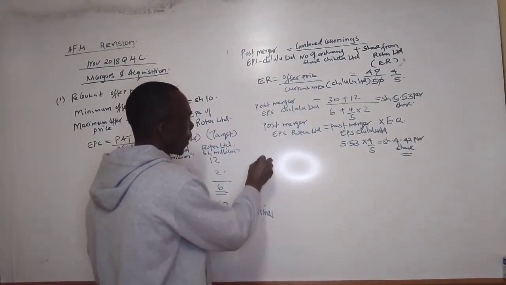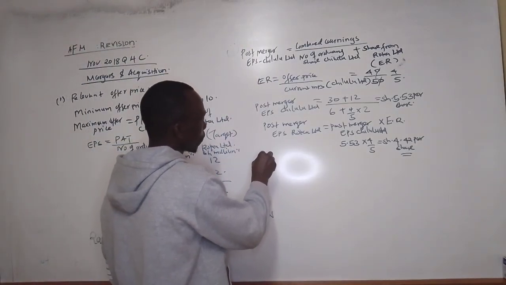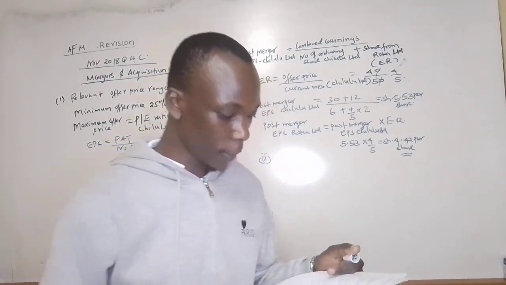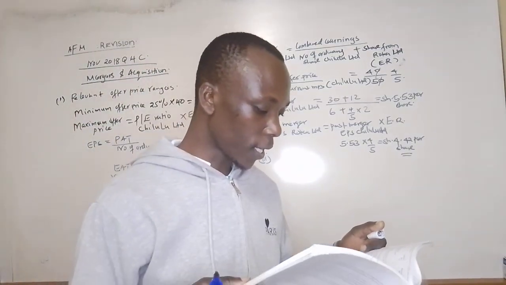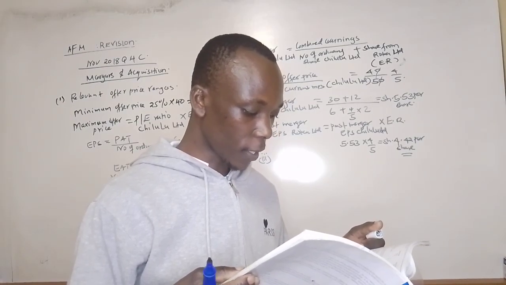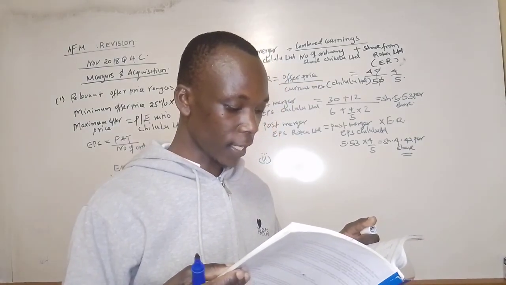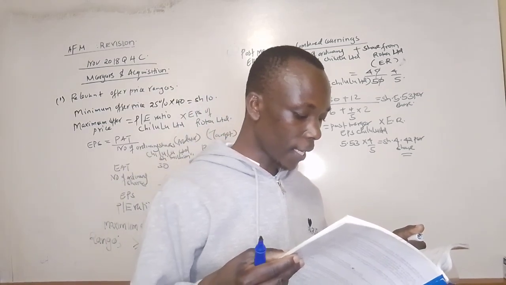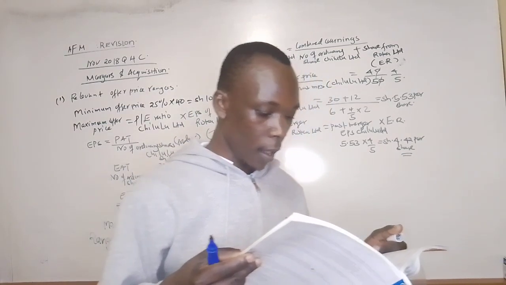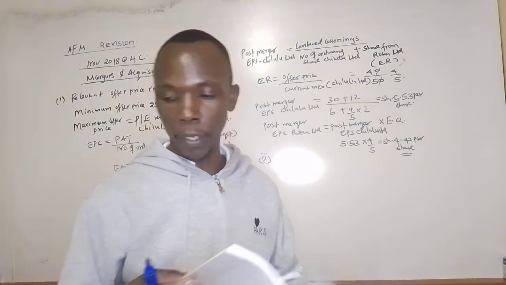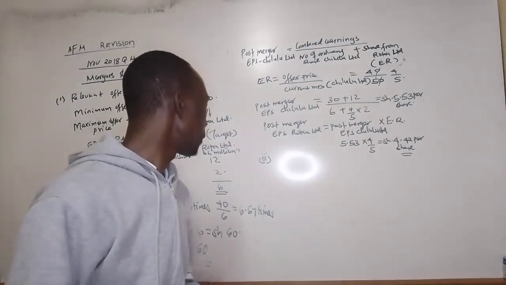Now let us see how to compute Roman 3. What are we told? Using the results obtained in Roman 2 above, and assuming that Chiruru Limited's price earning ratio will remain unchanged after the merger, determine the post-acquisition market price per share of Chiruru Limited.